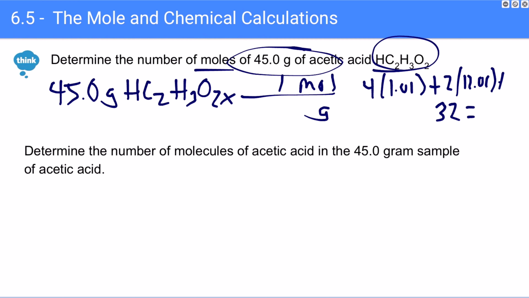So 60.06 is our molar mass. All right, and then we just do our math here. So 45 divided by 60.06, round to 3 sig figs, so 0.750 moles of acetic acid.